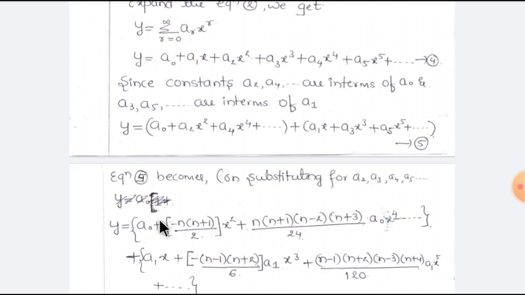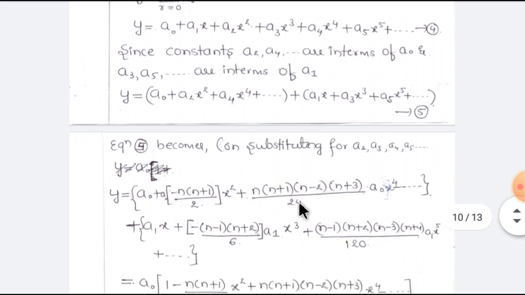Substitute the remaining constant values, we get a naught plus a naught into minus n into n plus 1 divided by 2 into x square plus n into n plus 1, n plus 2, n plus 3 whole divided by 24 into a naught x to the power 4 and so on.